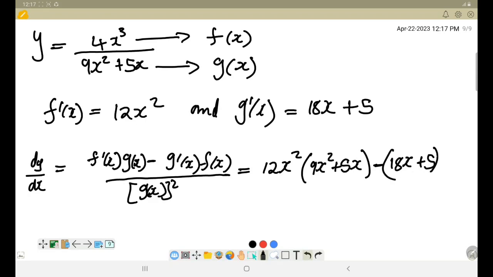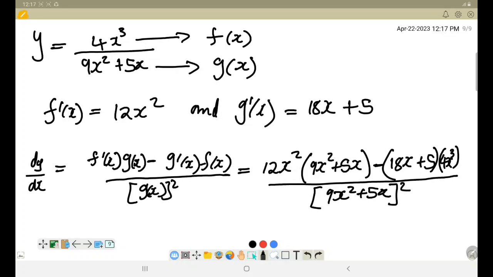Of course, let's put everything inside brackets. And then our f is 4x to the power 3. We must not forget to divide by the denominator, of course, which is 9x squared plus 5x, all to the power 2.